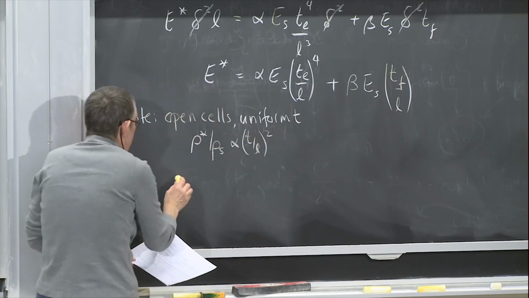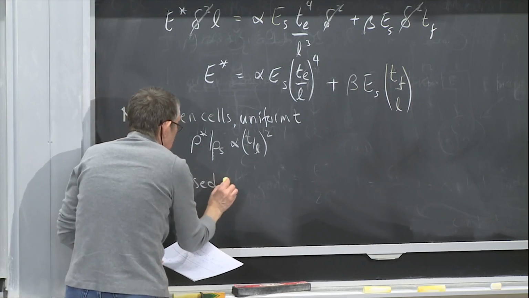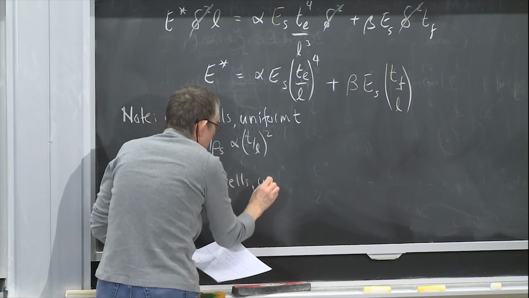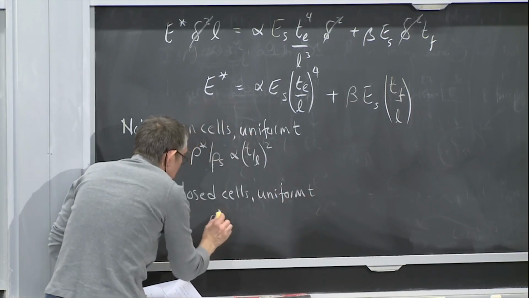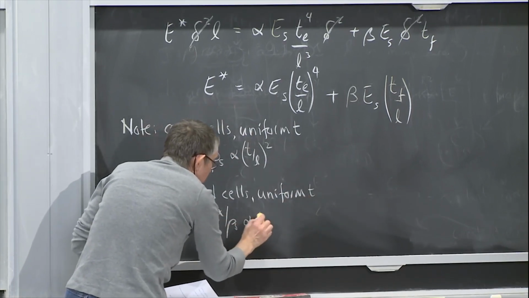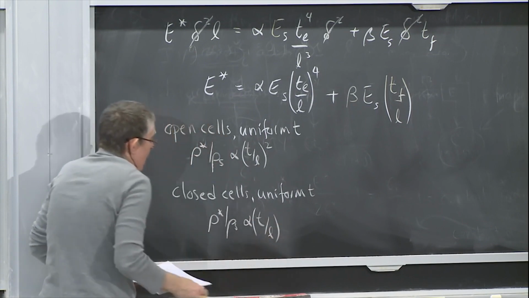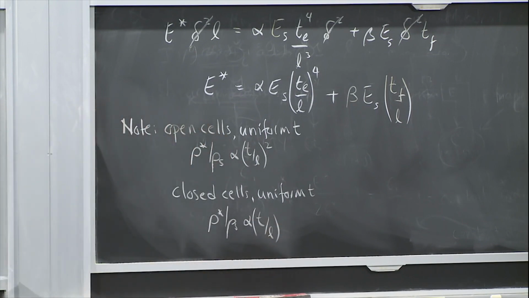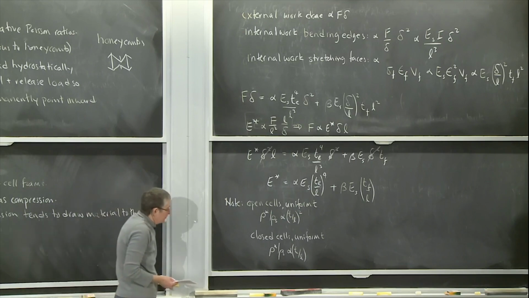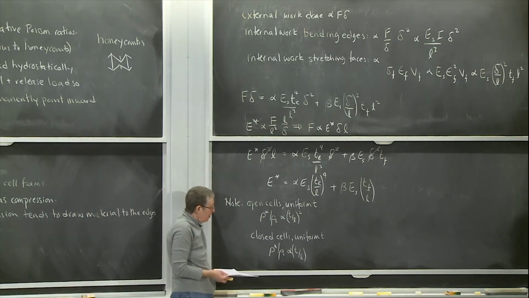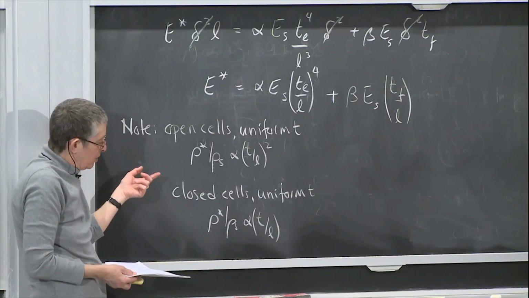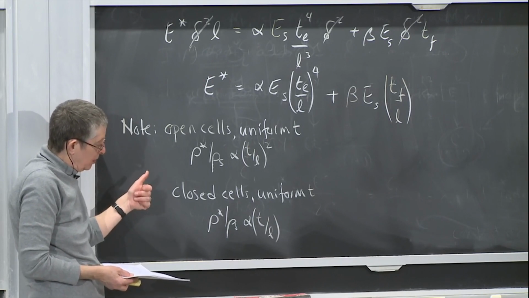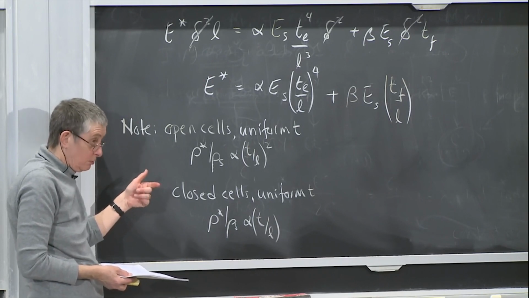And if I just had closed cells and I had a uniform T, then the relative density just goes linearly with T over L. So the relative density is the volume fraction of solids. So it's the volume of the solid over the total volume. And for a closed-celled foam with a uniform T, the volume of the solid is going to be T times L squared. And then the volume total is L cubed, so it's T over L.